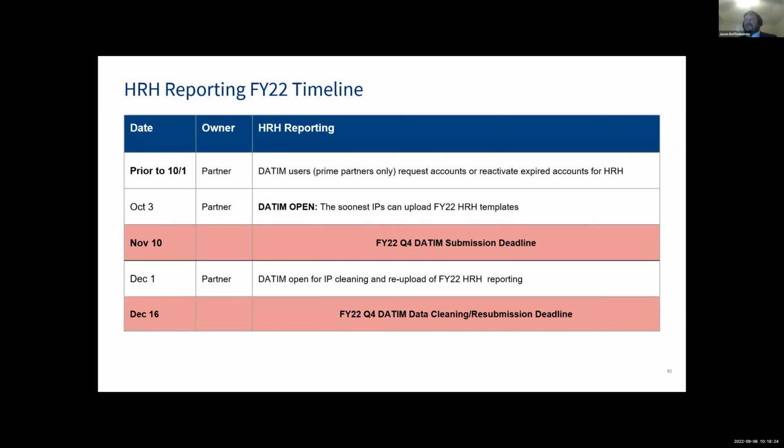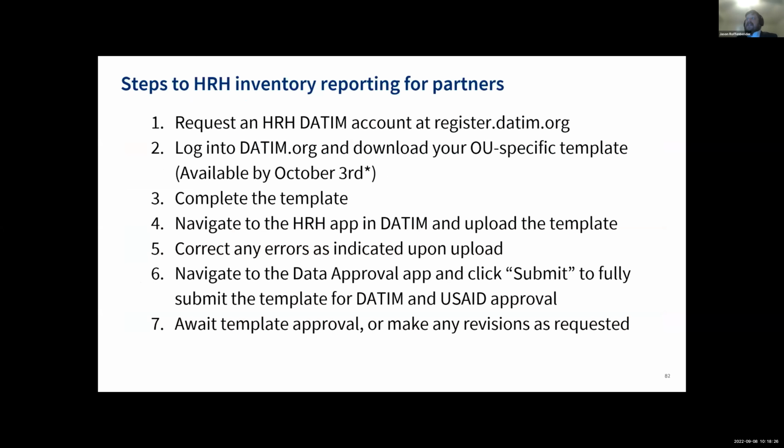Next slide, please. So what do we need to do to submit this in Datum? First, request an HRH Datum account, going to register.datum.org. Once you have that account, you can log into datum.org and download your OU specific template, which will be available at the latest October 3rd.